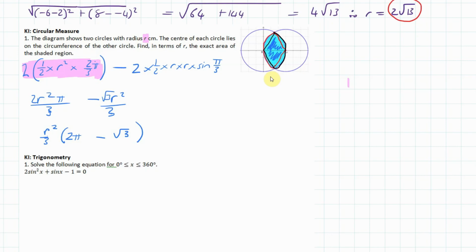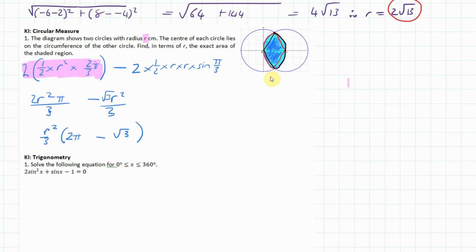Oh, here's where my issue is. I don't want to take out 2 of those triangles, do I? Yes, I do. I want to take out this triangle and this triangle because we're repeating it by doing both sectors. So yeah, 2 times 1/2 r squared sine pi over 3. Yep, that's looking good.